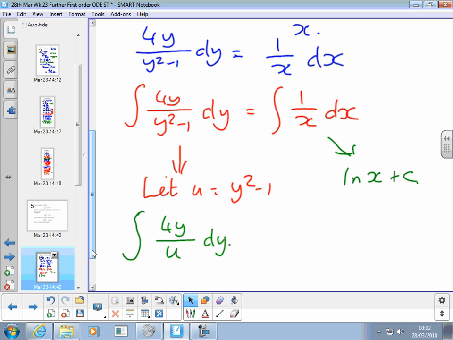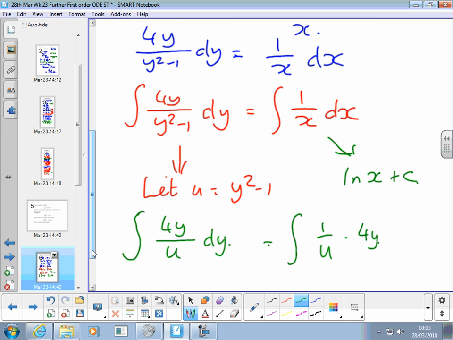That equals the integral of 1 over u times 4y.